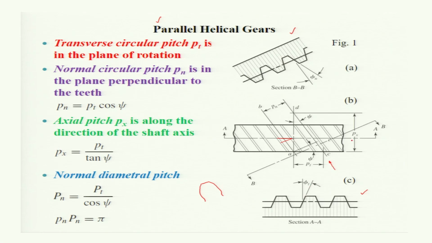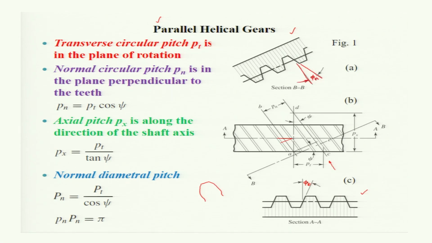And the pressure angle of these different teeth seen from different directions will be different. Along the section AA, the pressure angle will be given by phi t, and along the normal direction, the pressure angle will be called the normal pressure angle, phi n.